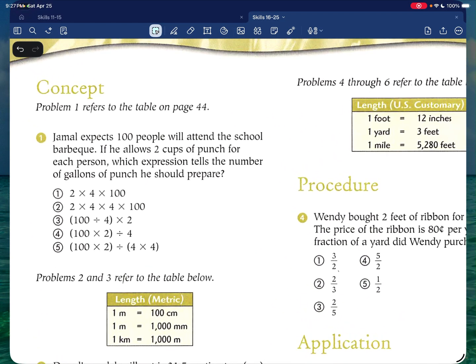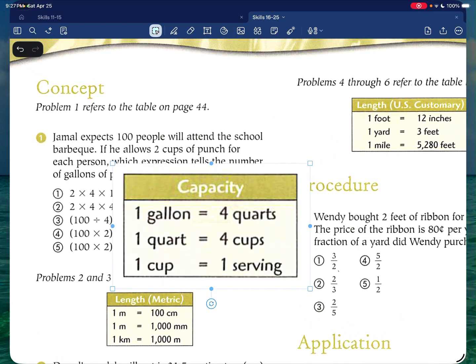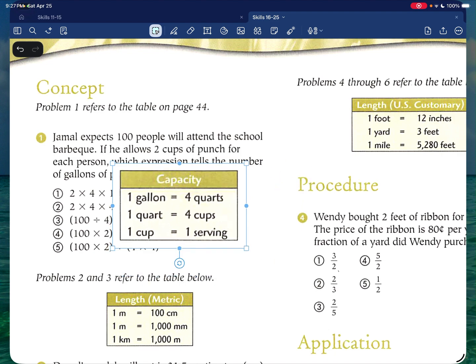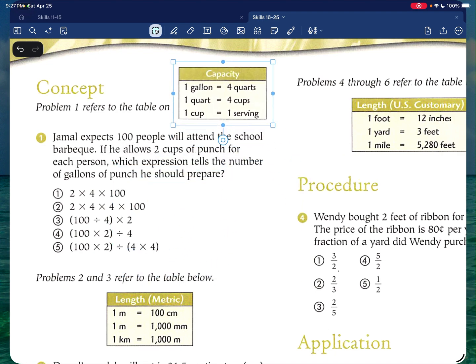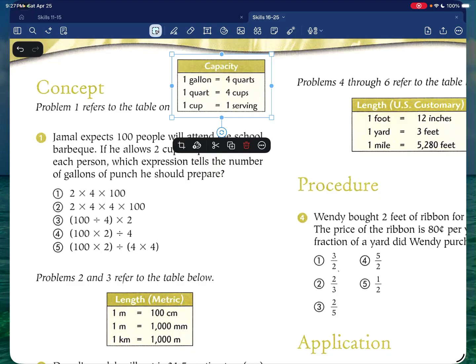Okay, Jamal expects 100 people will attend the school barbecue. If he allows 2 cups of punch per person, which expression tells the number of gallons of punch he should prepare? So we are going to turn, actually we're working the opposite way this time, aren't we?